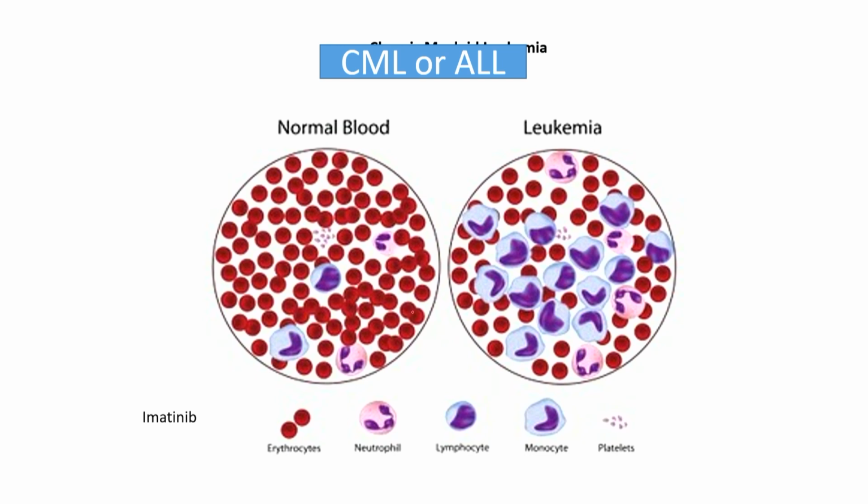This is normal blood. In normal blood, RBCs are there and WBCs are there. Fewer WBCs compared to a large number of RBCs, and these are platelets. In cancerous condition or in leukemia, these leukocytes, that is the WBCs, are plenty, and RBCs are comparatively less. So this is an anemia kind of condition, and this is cancerous.